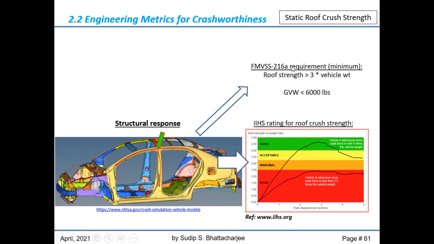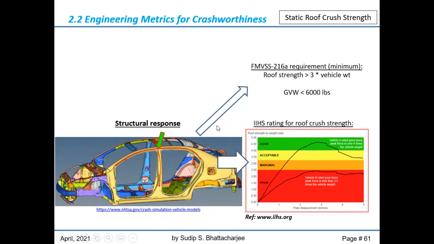If it is FMVSS 216A, the requirement is that resistance should be 3 times the weight of the vehicle. For the IIHS rating, it needs to be 4 times or more the weight of the vehicle to be rated good, and then they have other gradations of the rating.